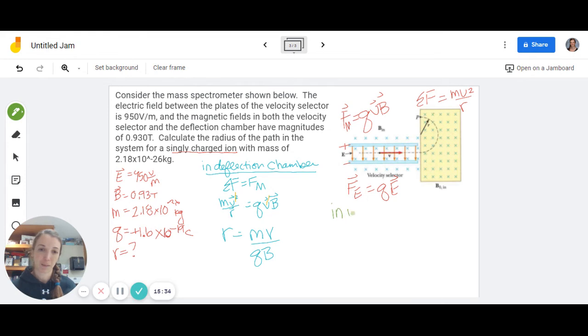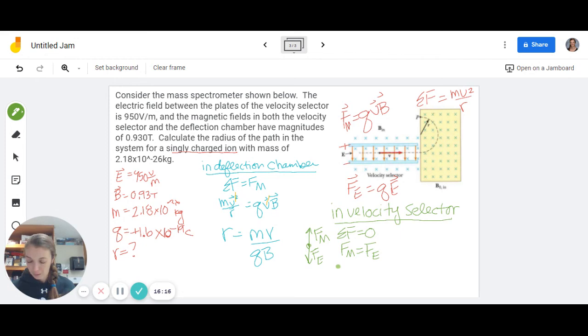So we're going to think about the velocity selector. In the velocity selector, we know that we have the electric force pushing down, and the magnetic force pushing up. So we know the net force is equal to 0. So the magnetic force is equal to the electric force.